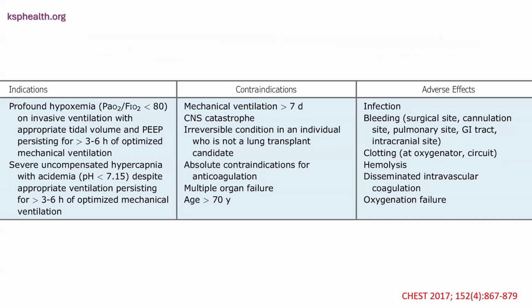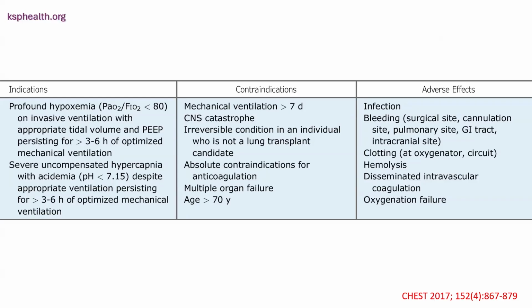So what are the indications for ECMO? When there is profound hypoxemia, that means PF ratio less than 80 on invasive ventilation with appropriate tidal volume and PEEP. Or when there is severe uncompensated hypercapnia with a pH of less than 7.15 despite appropriate ventilation for 3 to 6 hours.